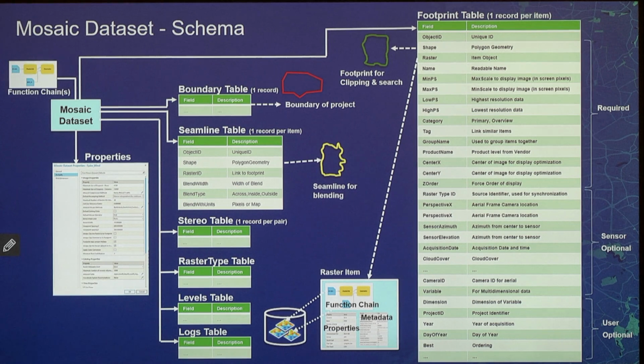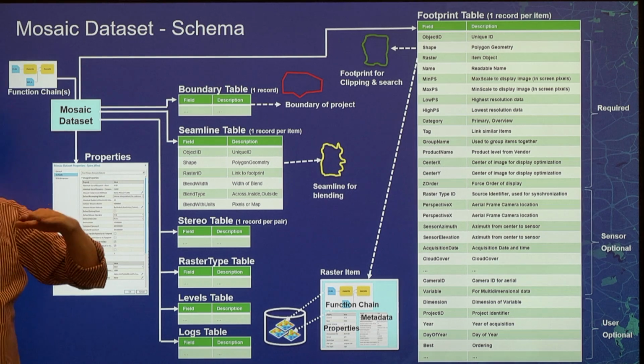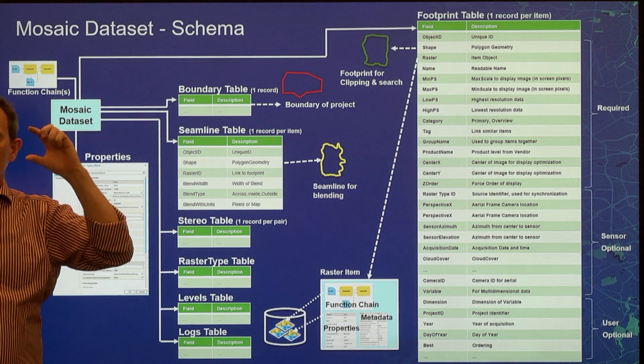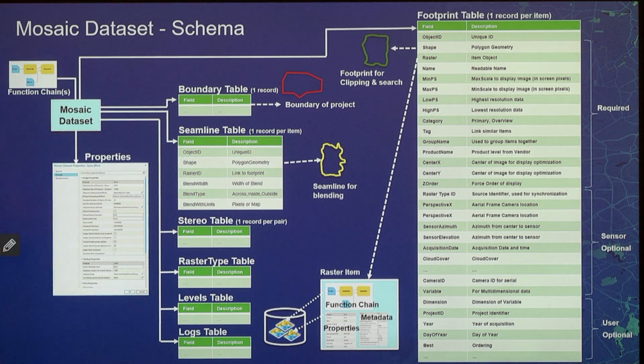And then you can put additional function chains on top of the Mosaic dataset. What are they for? They are to give your users, like I showed in my example, selections and applications and even simple analytics of the data on the fly on top of the Mosaic dataset. This functionality of defining function chains and processing chains and attaching them to an image, or in this case a Mosaic dataset, is that unique to Mosaic datasets?